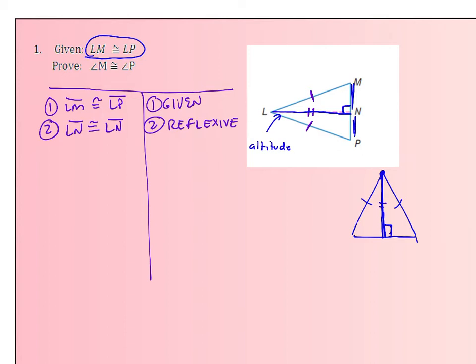So what I can say is that these two sides are congruent. MN is congruent to PN, and the reason for that is that in an isosceles triangle, the altitude bisects.